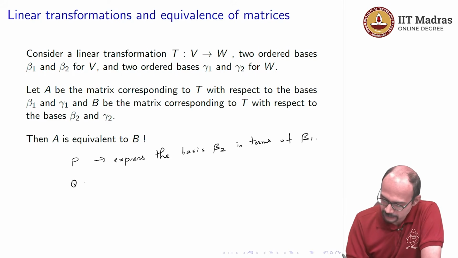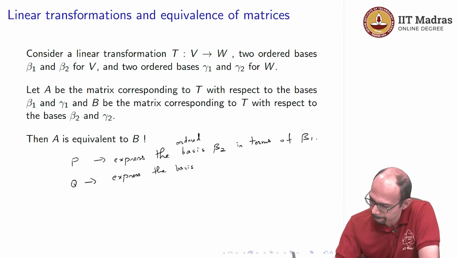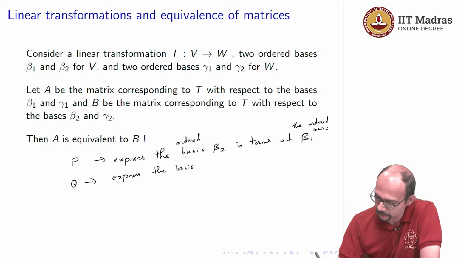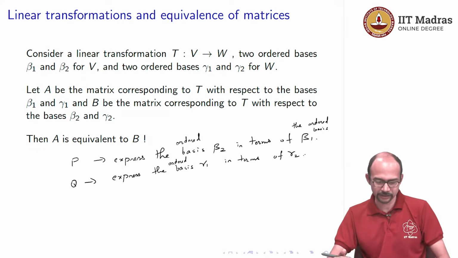And for Q, express the ordered basis, everywhere we have ordered basis, the ordered basis gamma 1 in terms of gamma 2. So, this is how I got those two matrices.